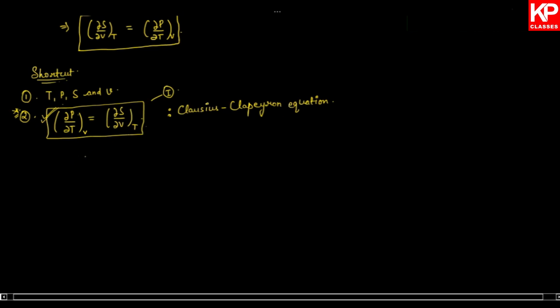Like, if you see that del T by del P is equal to del V by del S, and this is at constant entropy, and this is at constant pressure.